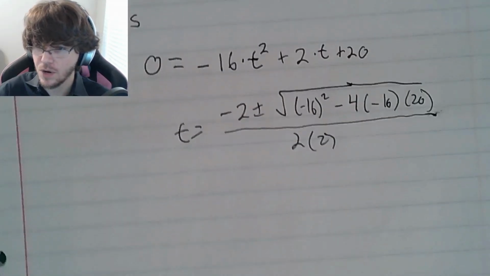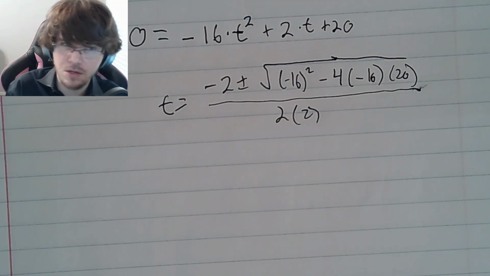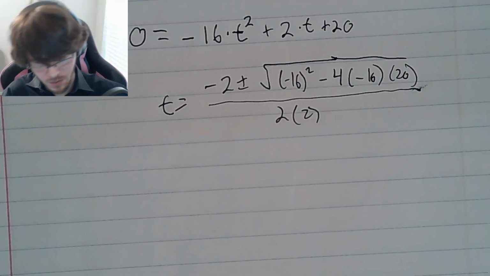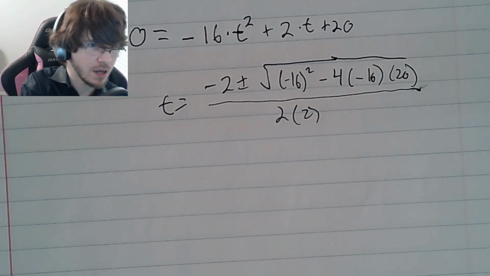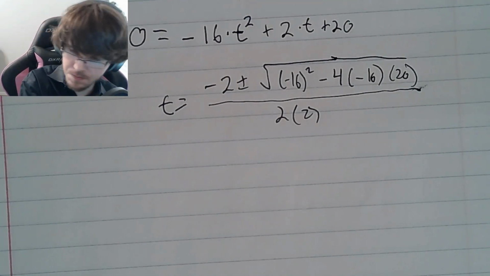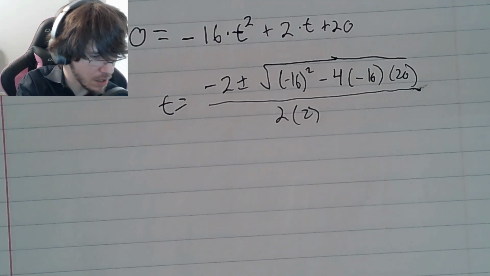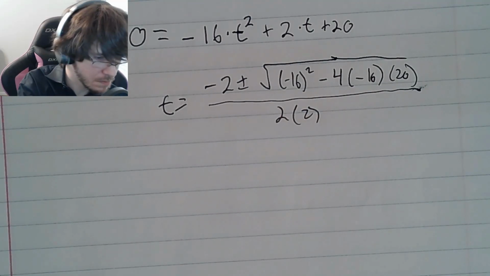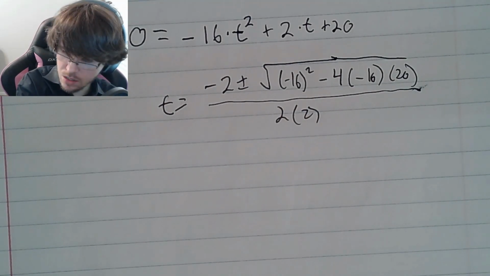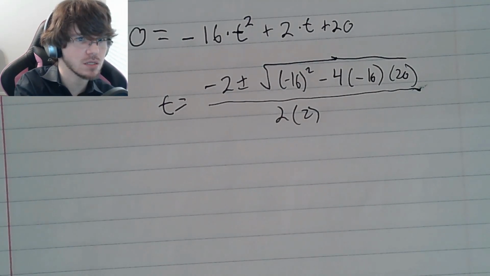And because this is a real world problem where I want a real world answer, I really just want to use my calculator. I'm not going to show you because I don't want you to have to write down too much stuff. But if I plug it into my calculator, what am I going to get? I'm typing in solve because I'm doing full cheat mode right now: negative 16x squared plus 2x plus 20 equals 0, comma x.